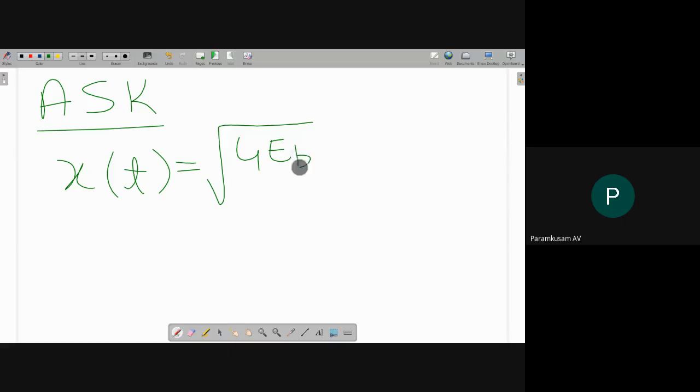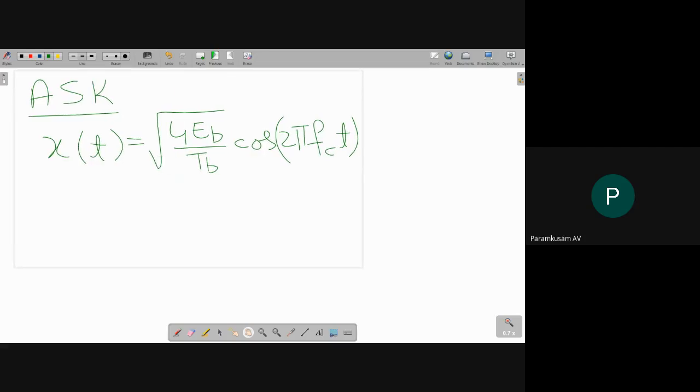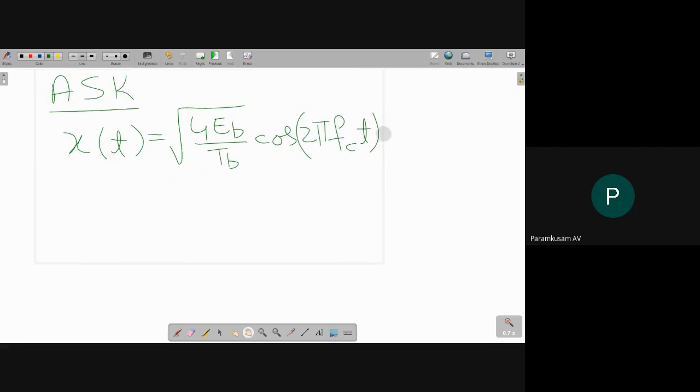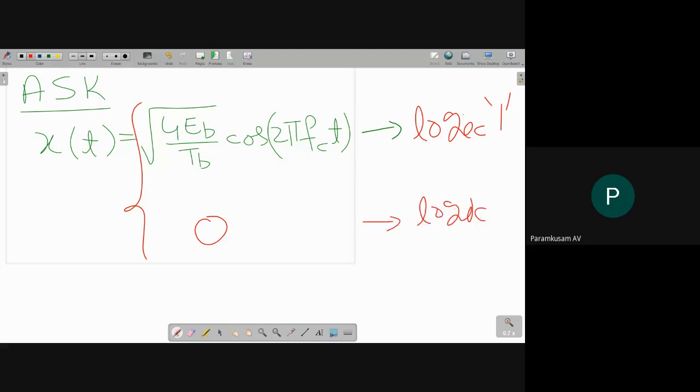Root over 4EB by TB cos 2 pi FCT. X of t is equal to root over 4EB by TB cos 2 pi FCT when logic 1 is transmitted, and it is equal to 0 when logic 0 is transmitted.